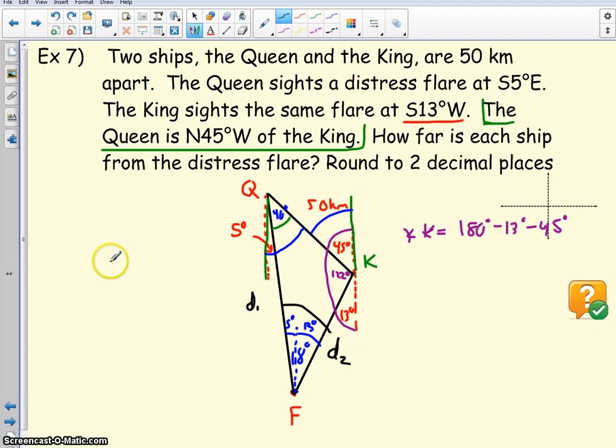I'll let you try that on your own. I'm going to just set up the equations here. So sine of 18 over 50. If you want to find D1, the distance for the queen, you're going to have sine 122 over D1. And I'll do some algebra there to solve for that one.